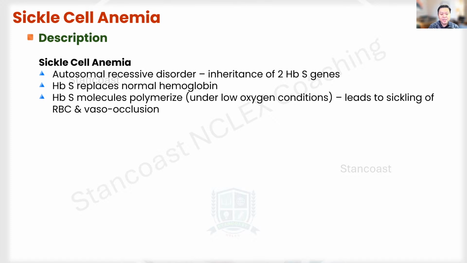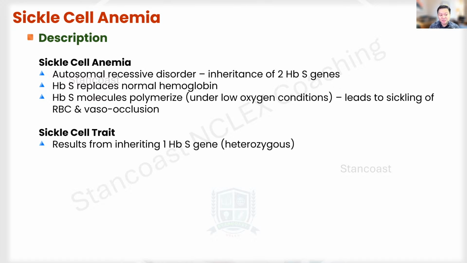Now, when we're talking about sickle cell trait, like I've said earlier, this is totally different from sickle cell anemia, because with the trait, the person only inherits one abnormal hemoglobin gene. Okay, please take note of the inheritance here.